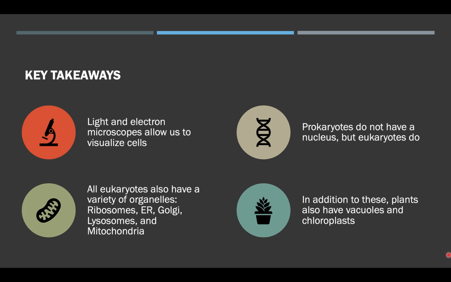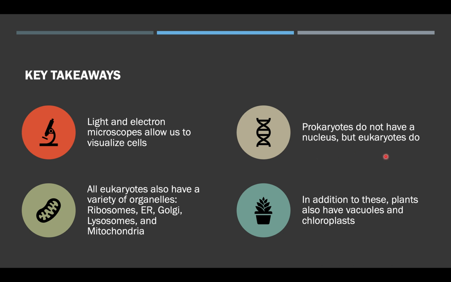Okay, so we are at our key takeaways section. I have 4 key takeaways for you at the end of this PowerPoint. First, I want you to take away that light and electron microscopes allow us to visualize cells. Remember that light microscopes are what we will be using in class. Scanning electron microscopes, or just electron microscopes in general, are very sophisticated pieces of equipment that are mostly used for things like medical research.